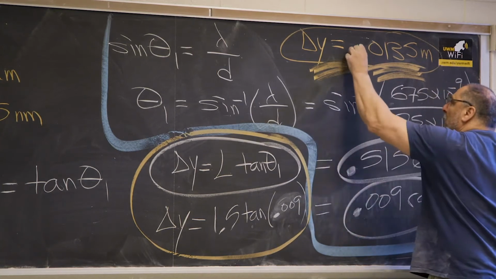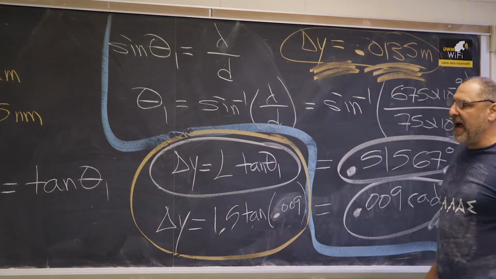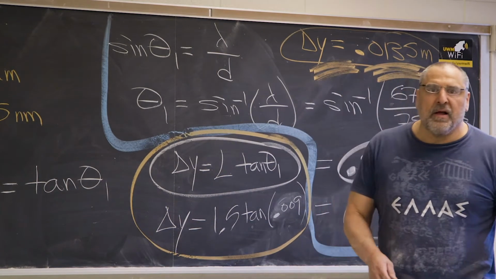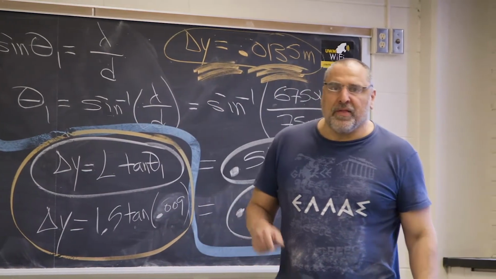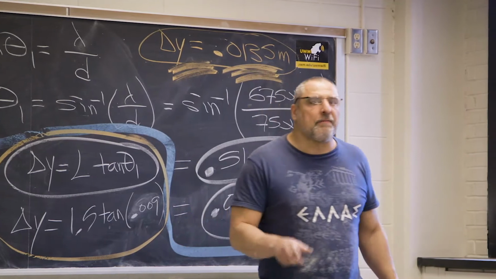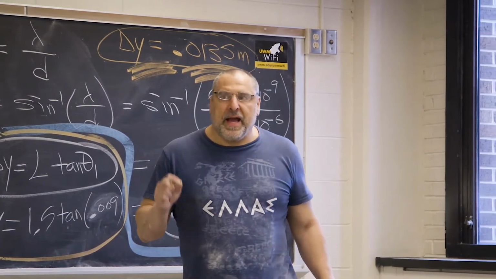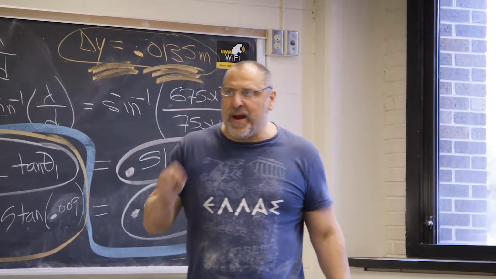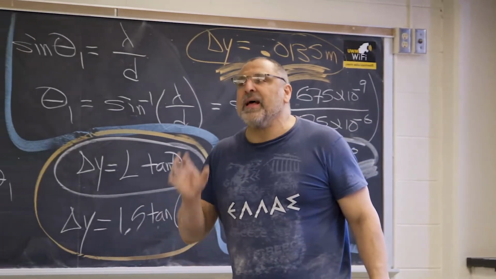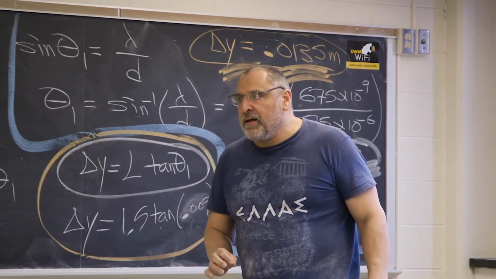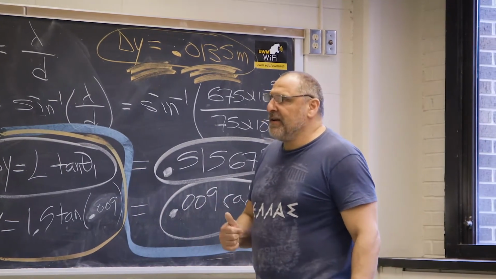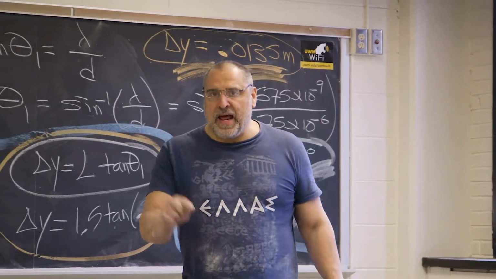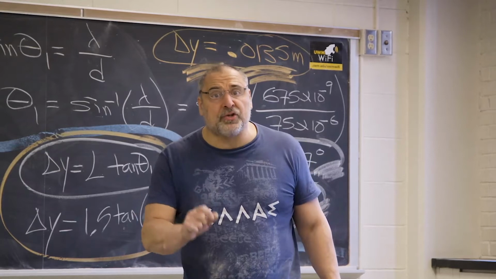When it's very, very small angles, the tangent and the sine roughly equal the angle if the measurement under consideration is radians. The radian measure for angles that are very, very small is very, very close to the sine of that angle, and very, very close to the tangent of that angle.